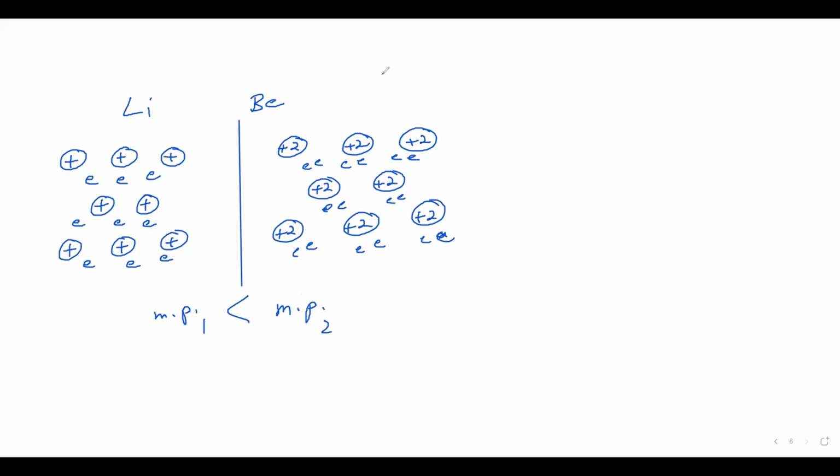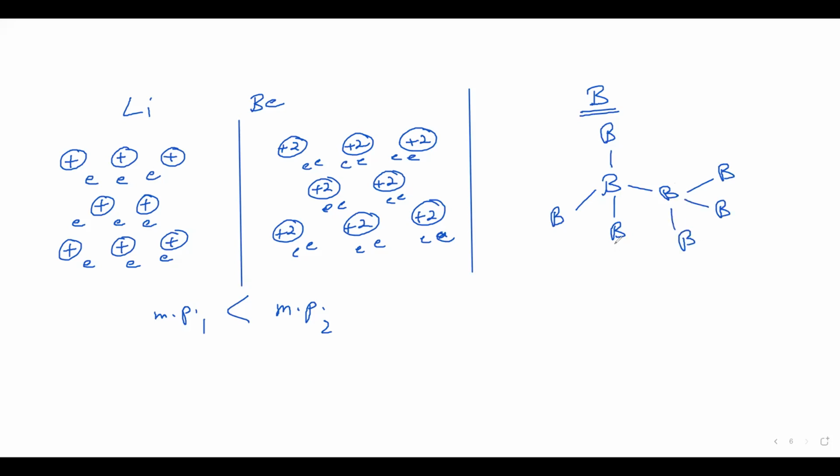Now, when we look at boron, which comes after them, boron is not a metal. If you look at the type of bonding in boron, we'll see that boron has a giant covalent structure. It resembles the structure of diamond. Each boron is bonded to 4 other boron atoms in a giant covalent structure.